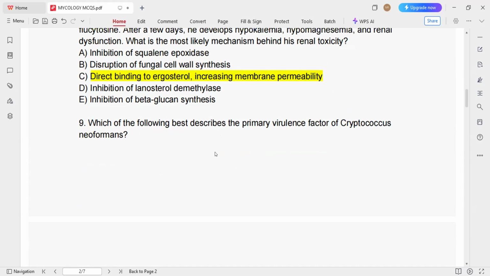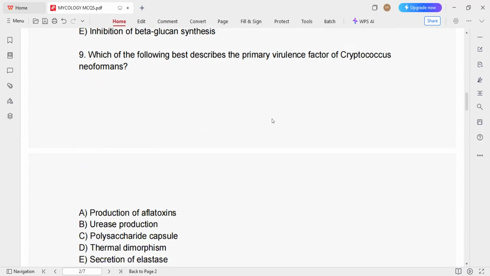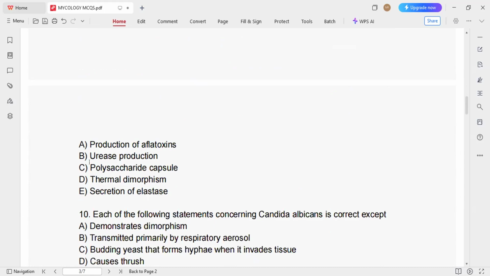Which of the following best describes the primary virulence factor of Cryptococcus neoformans? This one we have done. It is the polysaccharide capsule. Choice A, production of aflatoxin. What fungi is that? Aspergillus, yes.